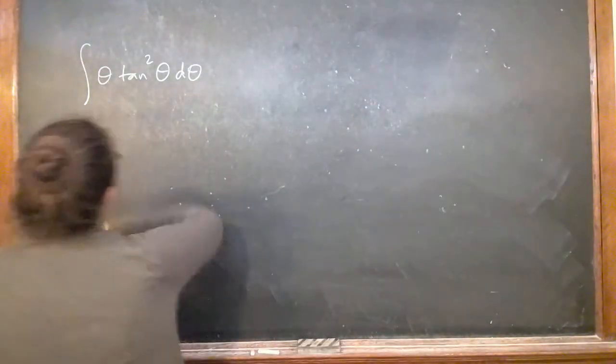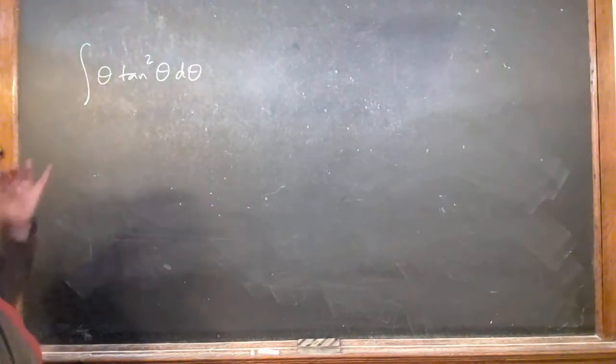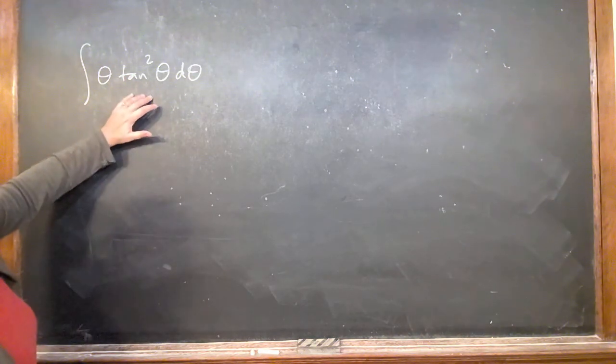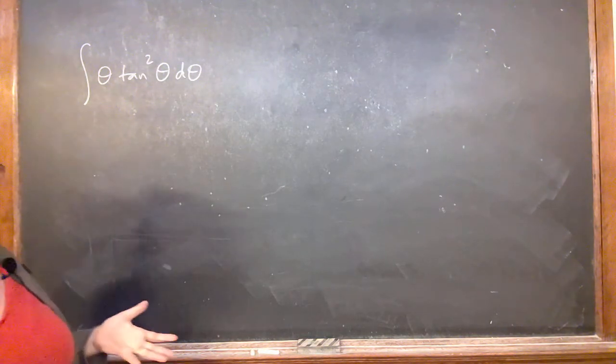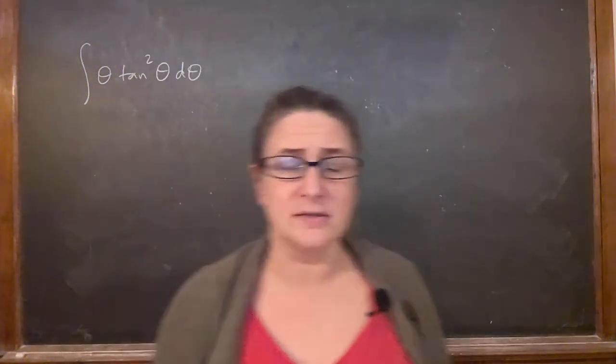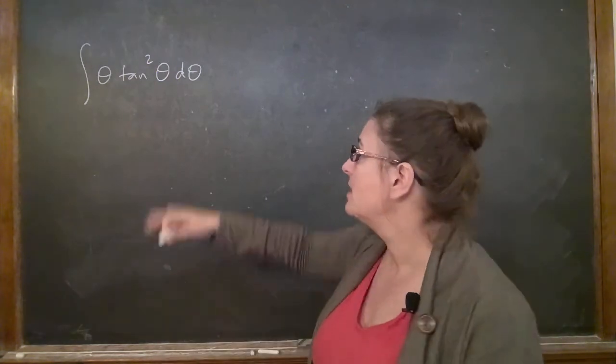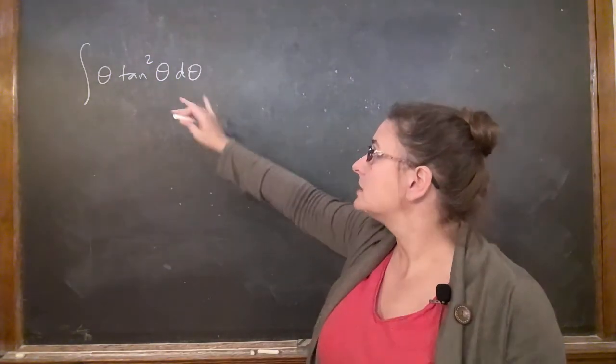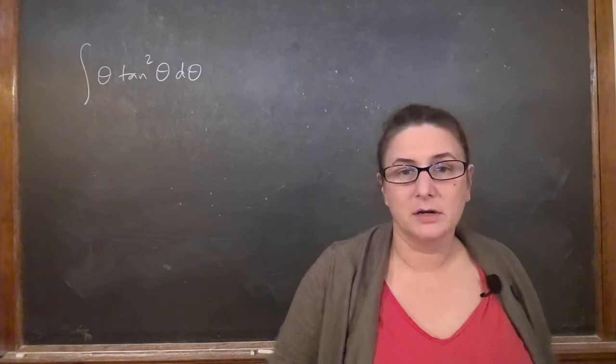All right, so let's do this. This one's much nicer. Okay, so if I've got this, what I want to do is do this integral. And again, this is also going to be an integration by parts. It's got to be the first thing to try because you've got theta times something which is a trig function.